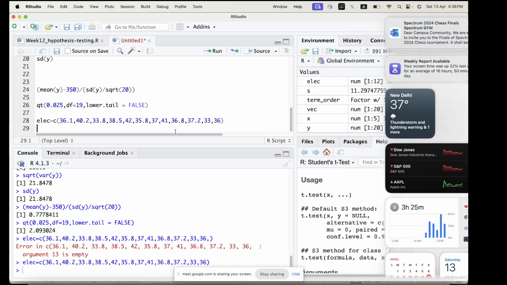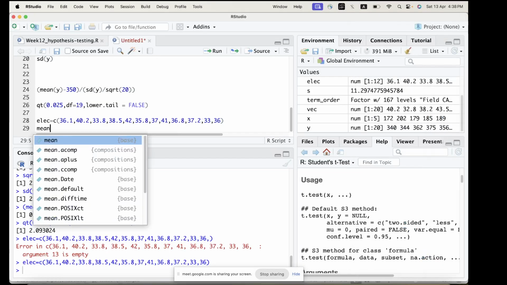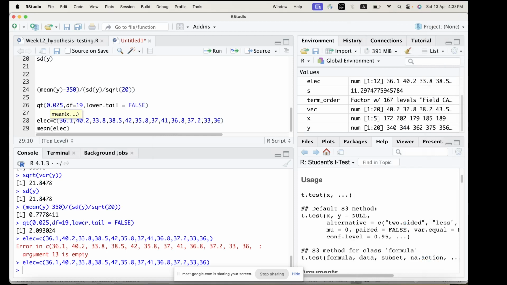So mean of electricity minus 40 is the unit that is going to be given by SD of this by square root of how many you have, n. So we have 12.